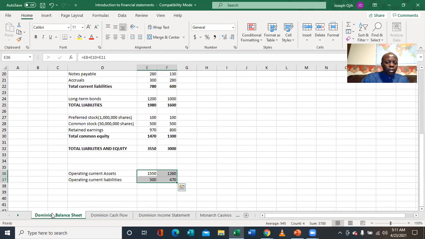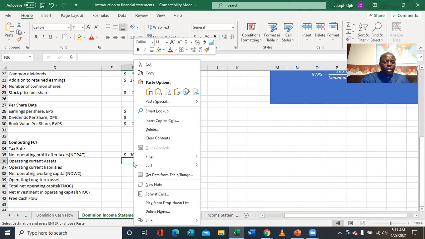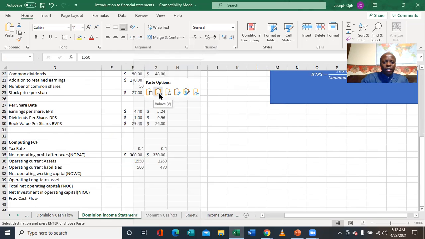Okay, where the assets are, here they are. I'll copy it from here. So when I paste it there, I'll be careful. I'm going to paste it here. Right click. So make sure you choose the numbers here so I can paste the values. See? Now they are in.